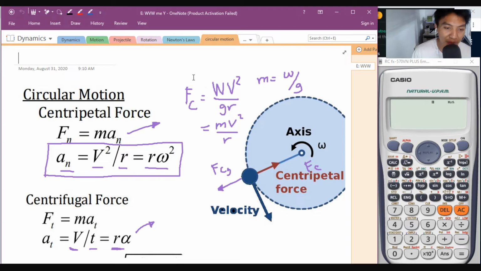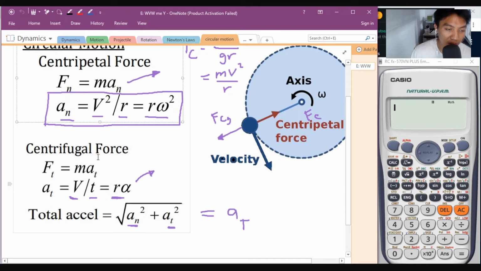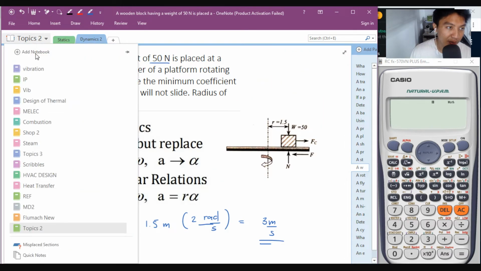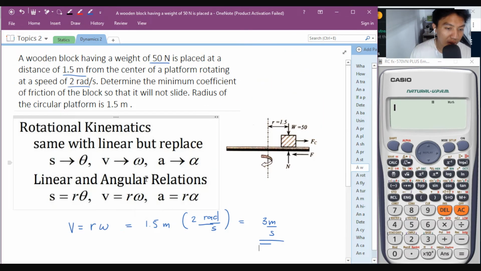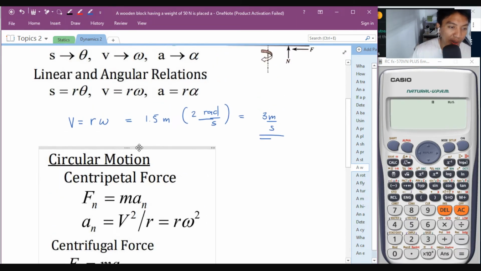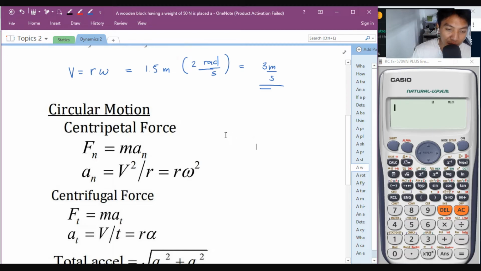Let me copy this one. Again, for circular motion, centripetal is the force that is center seeking.